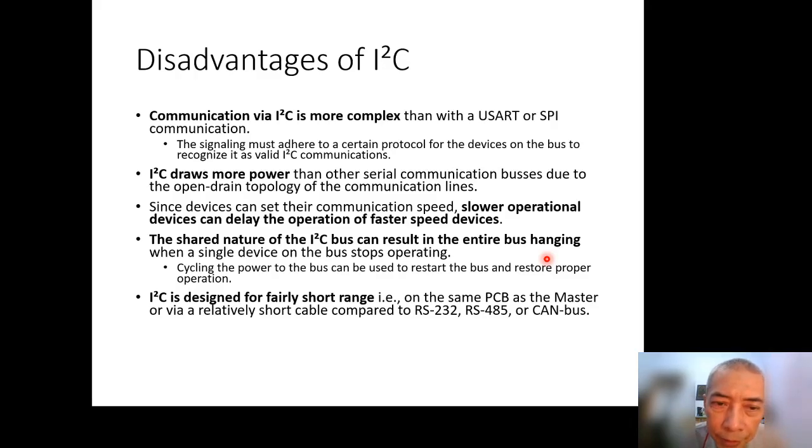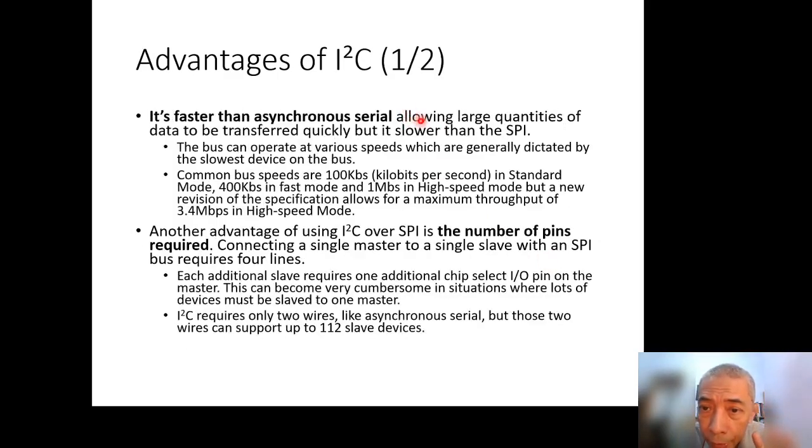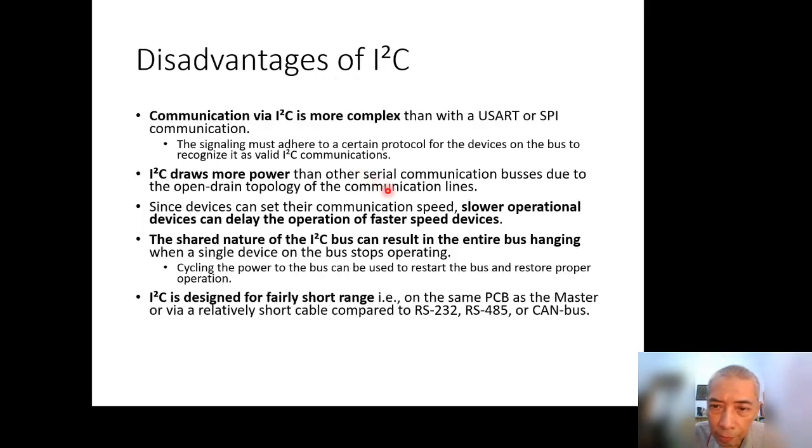Third, since devices can set their communication speed, slower operational devices can delay the operation of faster devices. That is what I mentioned before, that it is generally dictated by the slowest device on the bus. This is the disadvantage of I2C.